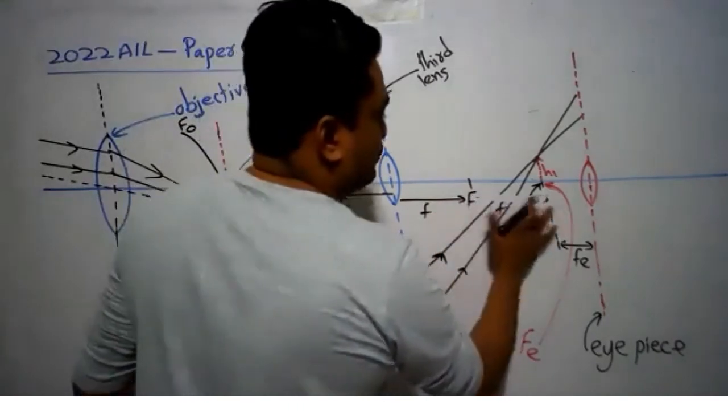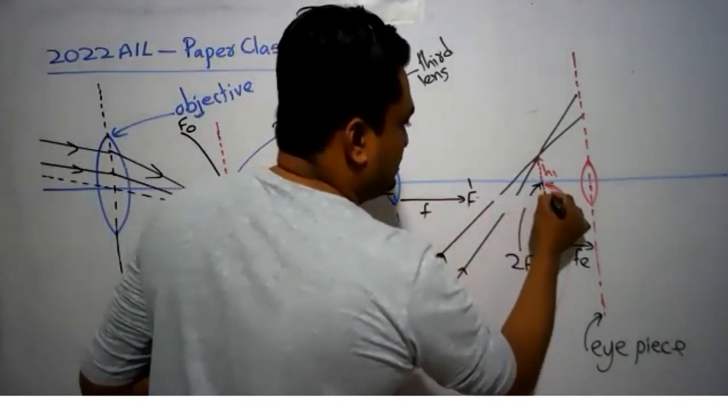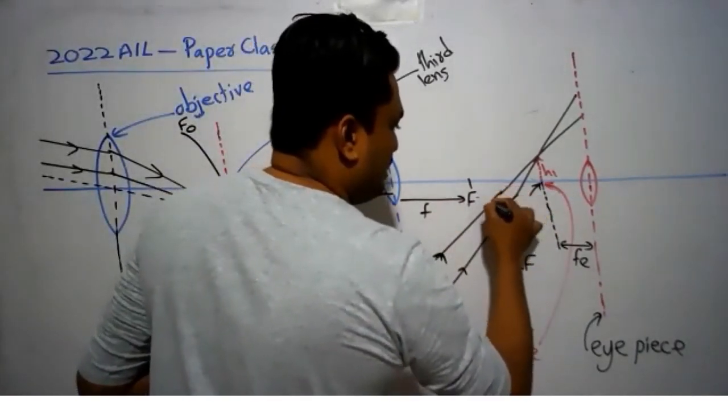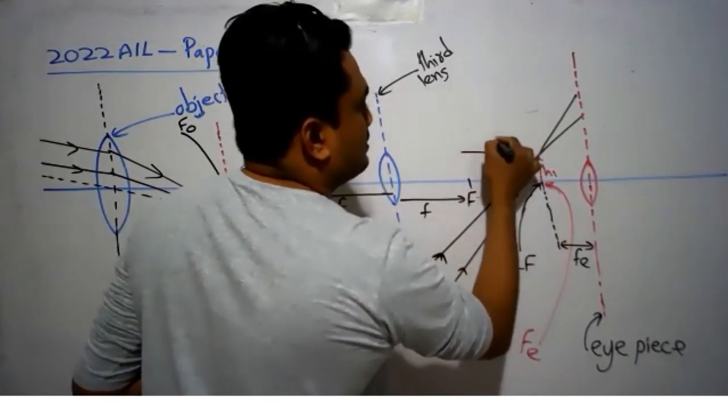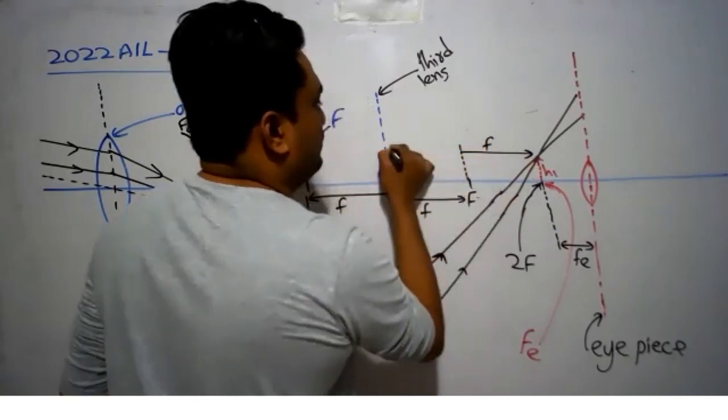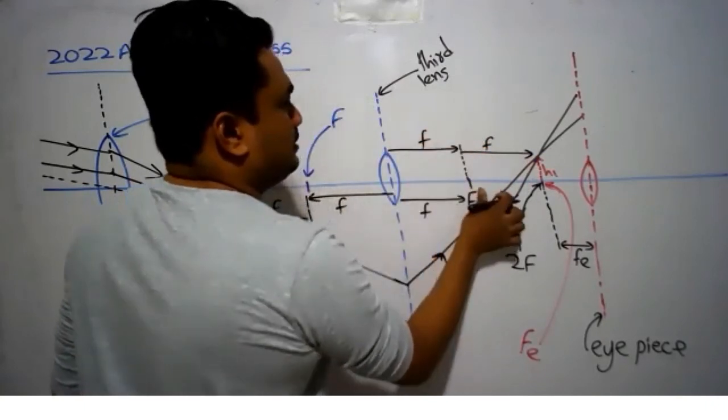So if you are confused with this simple F distance, I can mark that simple F distance here, like this, F, like this.